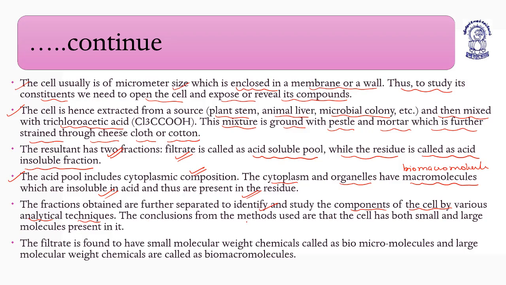The conclusion from the method is that the cell has both small and large molecules. The filtrate has small molecular weight chemicals called biomicromolecules, and large molecular weight chemicals known as biomacromolecules. So how will you extract? You take out the cell and mix it with trichloroacetic acid for cryogenic treatment.